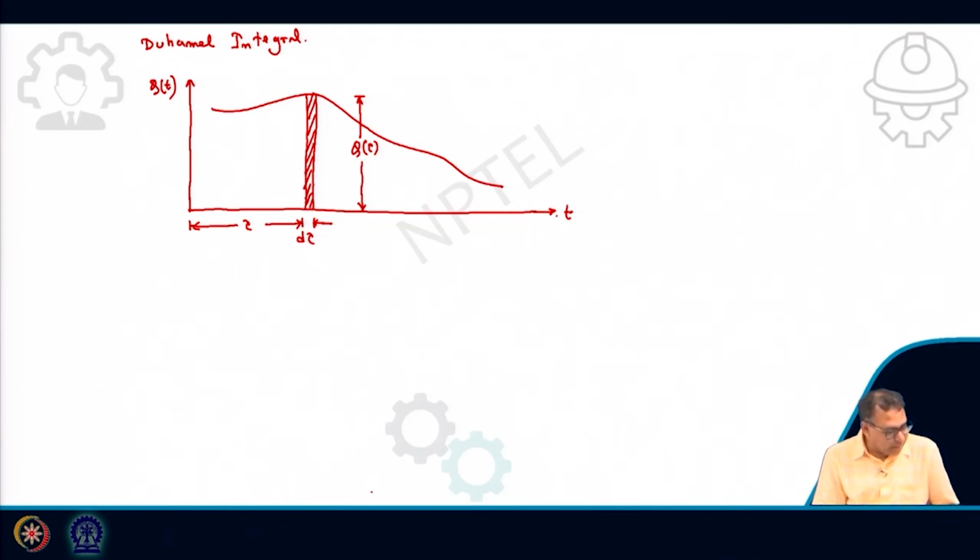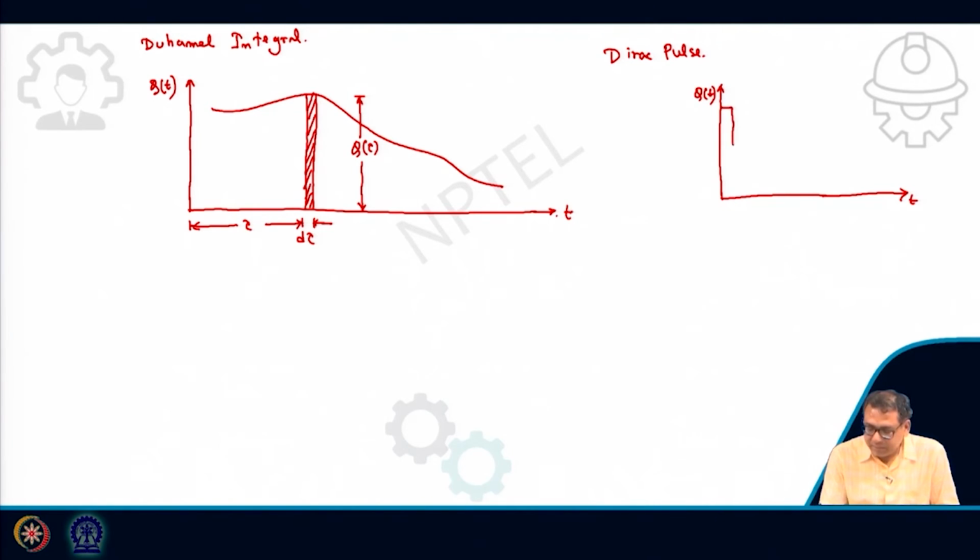Now to do that, I will take the help of a pulse loading, so we get a Dirac pulse. In that pulse loading, this is T and this is Q(t), and I have applied a pulse loading Q0 at t equal to t1.